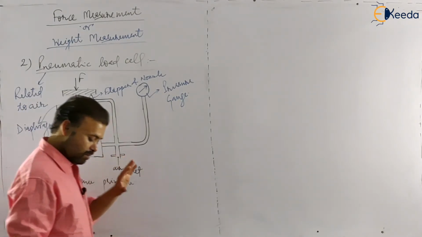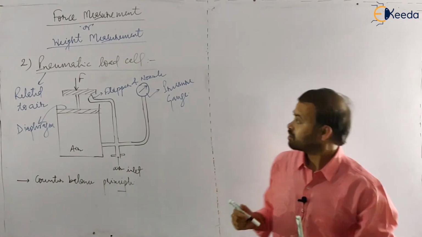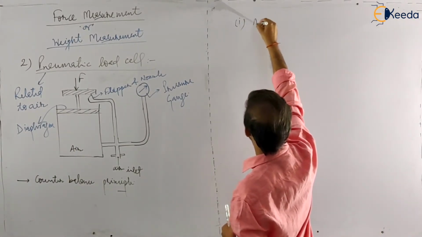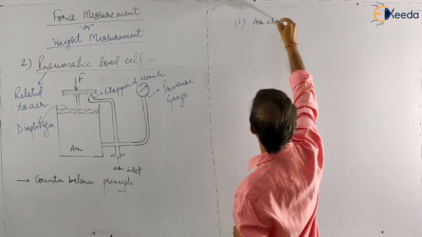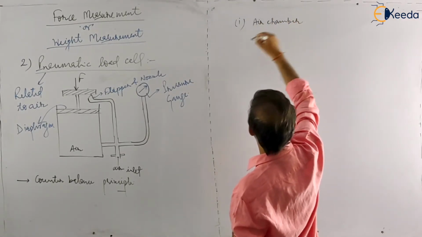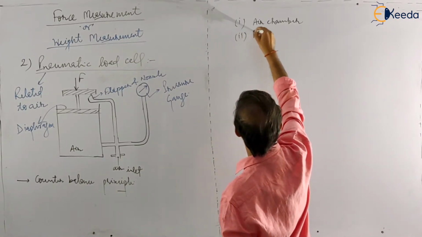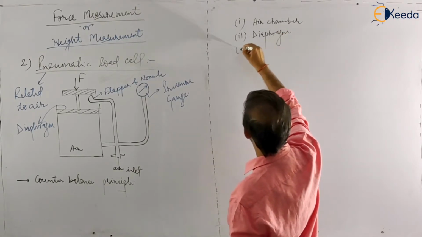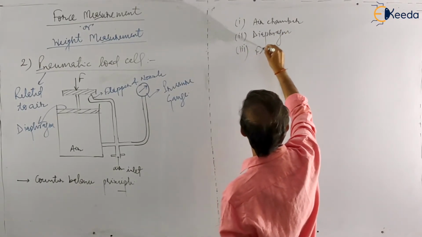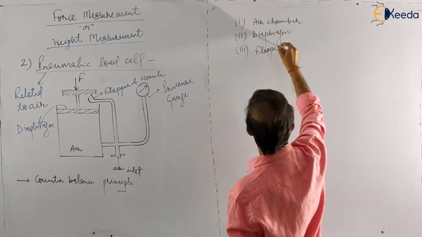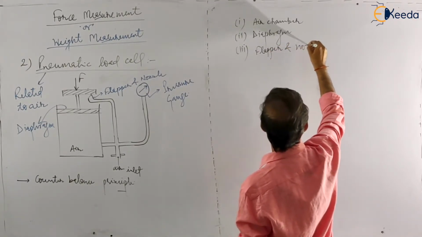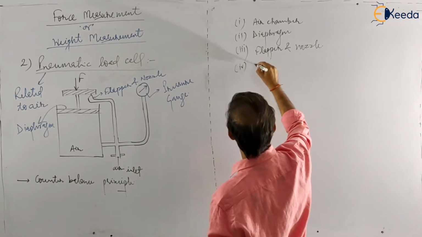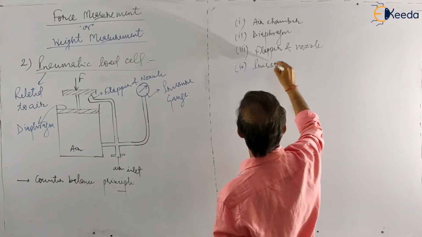And the air is present in this chamber, this is the air chamber. So the different components in the case of the pneumatic load cell are the air chamber, diaphragm, flapper and nozzle, and the fourth one is some pressure gauge.